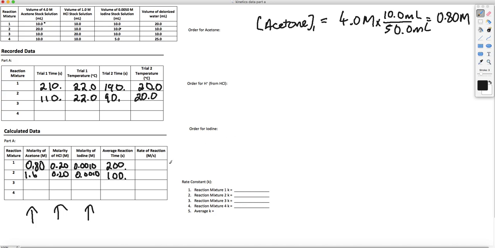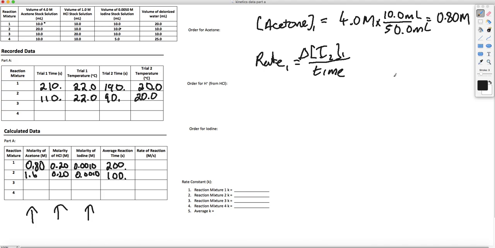Now we can look over here at the rates of the reactions and how we get that. The rate, for mixture 1, is going to be the change in concentration of I2 over the time. What's happening during this reaction is that it's turning from a yellow color to colorless.